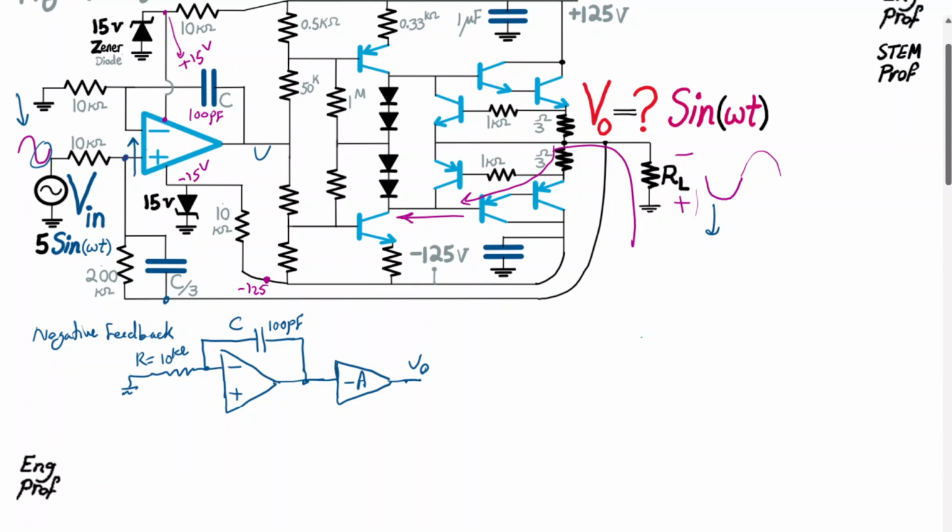So I have this connection back here, and what I have is a 10 kilo ohm resistor going to Vn, and then I have the combination of C over 3.